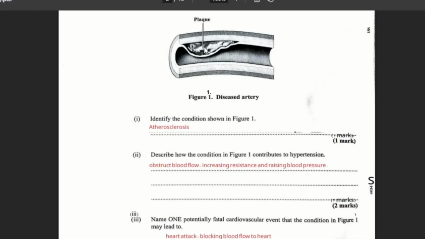So that's how we get hypertension. Hypertension is the same thing as high blood pressure. So if you see the word hypertension, don't be alarmed. High blood pressure is just the layman's term, or regular term, but the medical term for high blood pressure is hypertension.